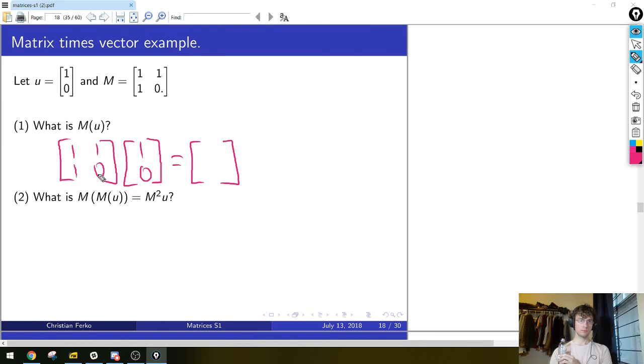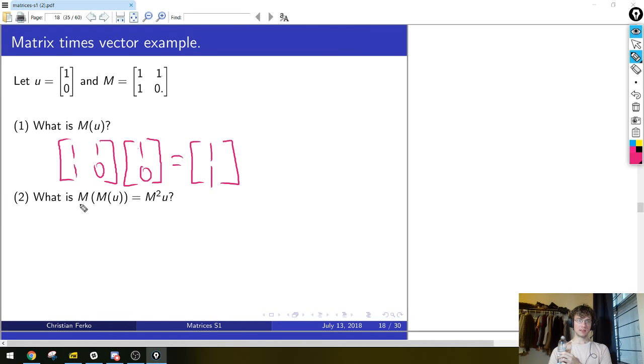Let's see, the first one is 1 because it's 1 times 1 plus 1 times 0. Or sorry, 1 and 1. Yeah, 1 times 1 plus 0 times 0, so 1, 1. Good. Okay, so that's the first one. Now we're going to compose that function. So M applied to M of u. We computed M of u up here, that's this thing, 1, 1.